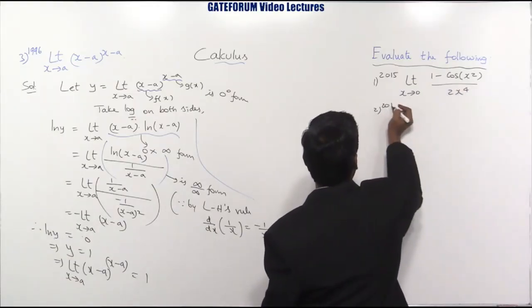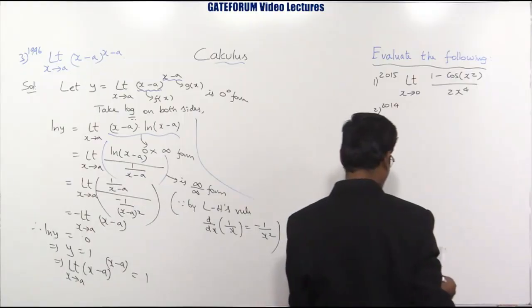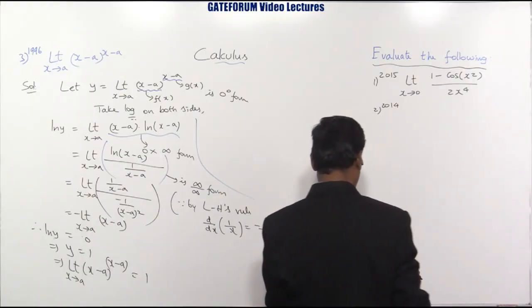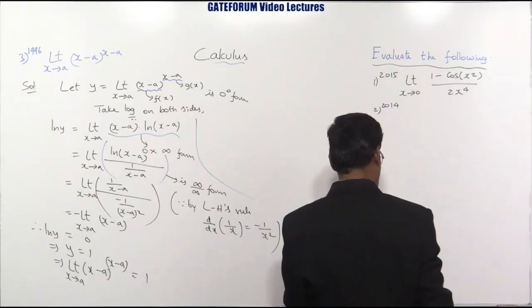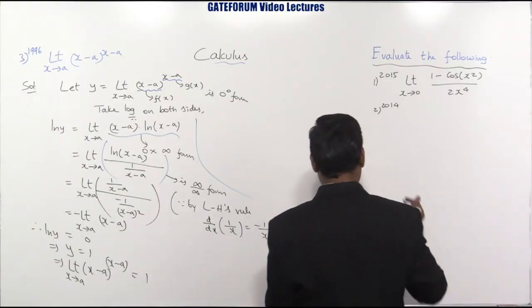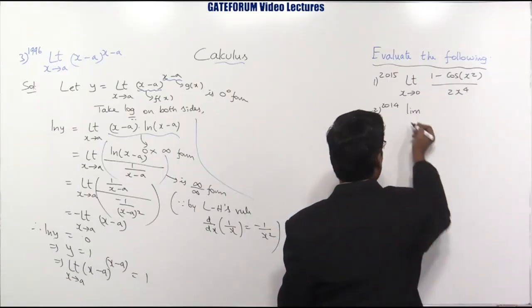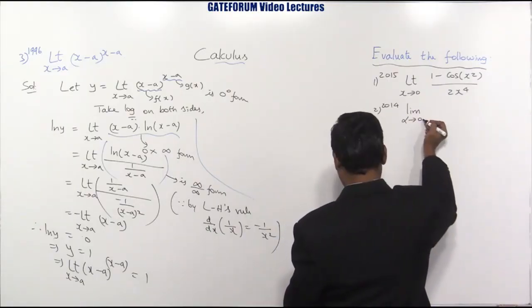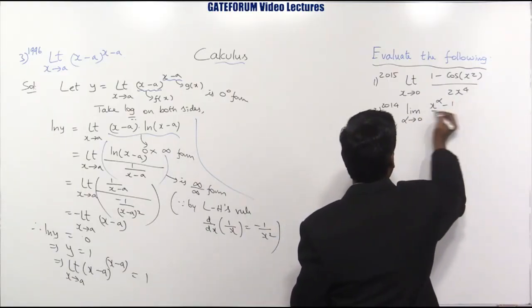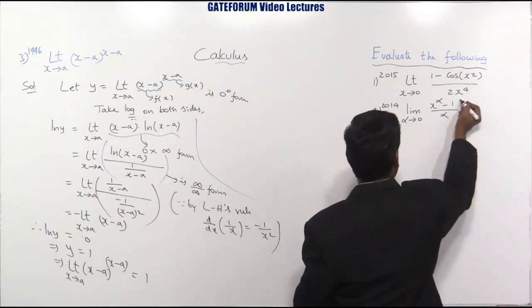Number 2, 2014: limit alpha tends to 0 of x power alpha minus 1 by alpha.